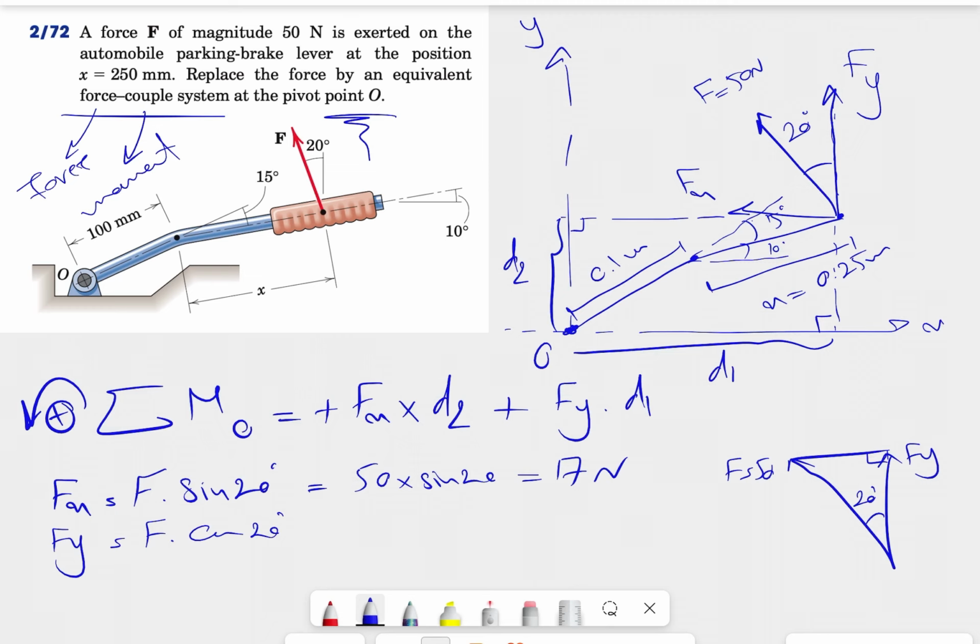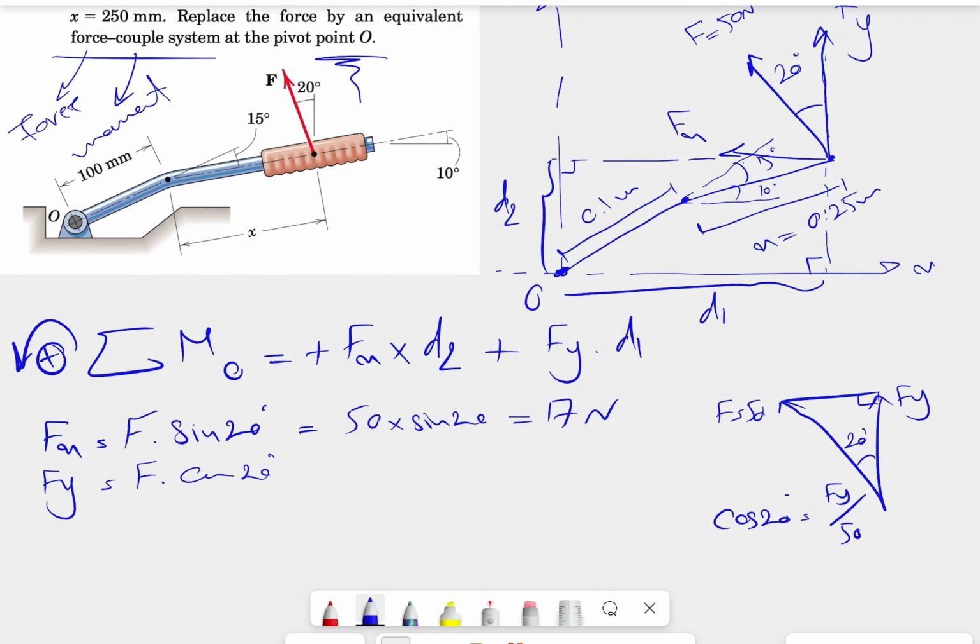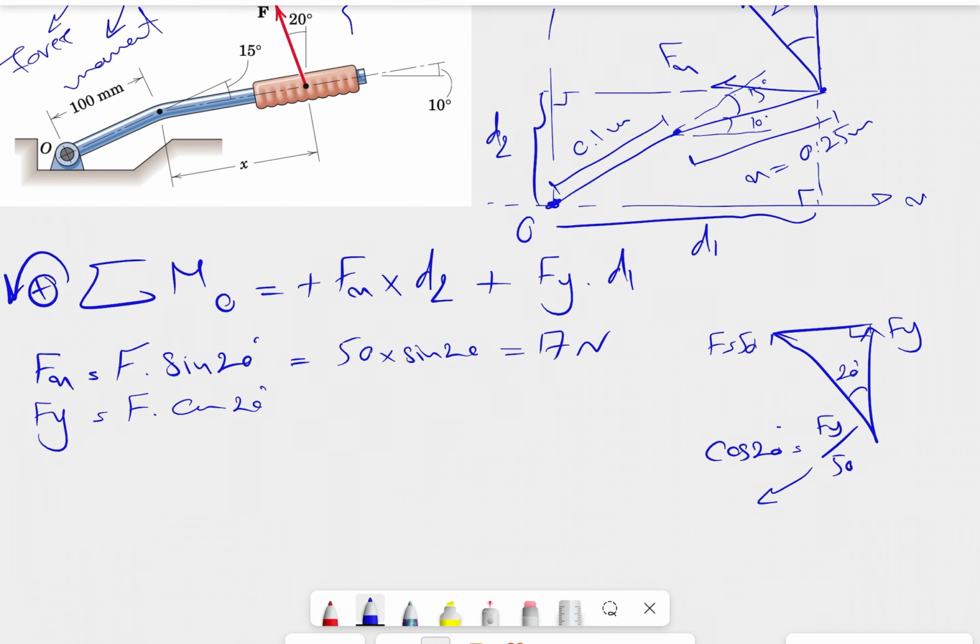So simply, if we want to find the cosine of 20, we will have adjacent divided by the hypotenuse, which is 50 or F. So from here, Fy equals 50 cosine of 20 degrees. So that's how we find the Fy and Fx.